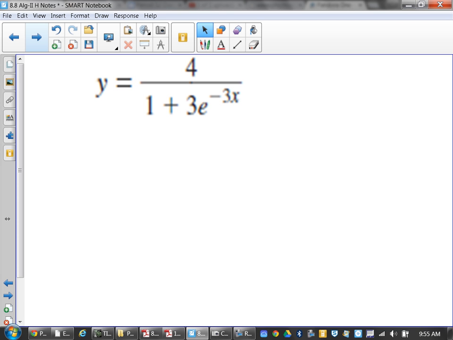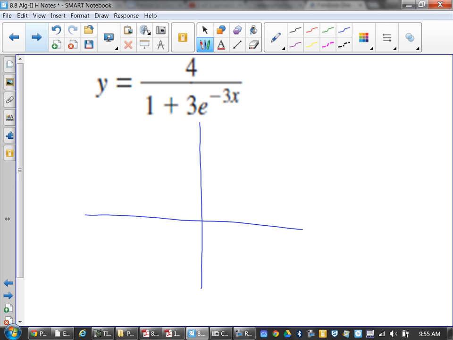We start again. The easiest thing to do is plot your asymptotes. Remember it's e to the x, it's exponential, and the inverse of e is natural log. So we know we have an asymptote at y equals 0, so we put that one in.